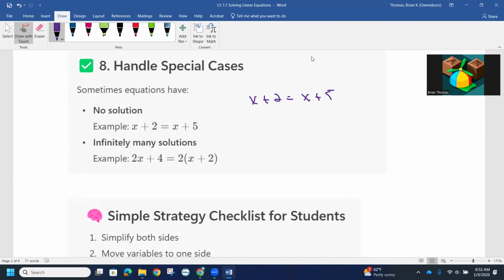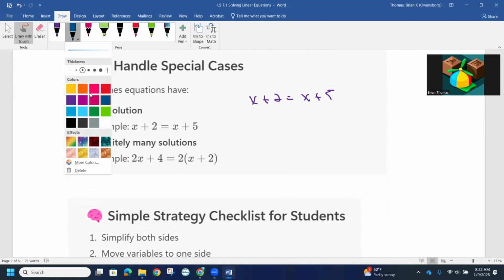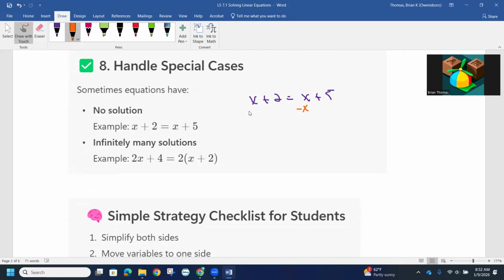Now remember, one of our strategies was, hey, the variable is on different sides of the equation. Let's get it on the same side of the equation. So if I lose x here, I have to lose an x here. Notice how this turns into 2 equals 5.